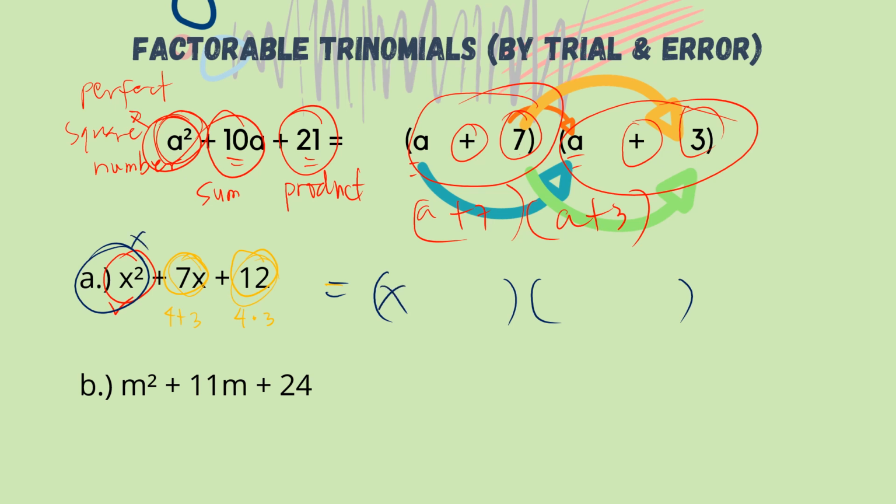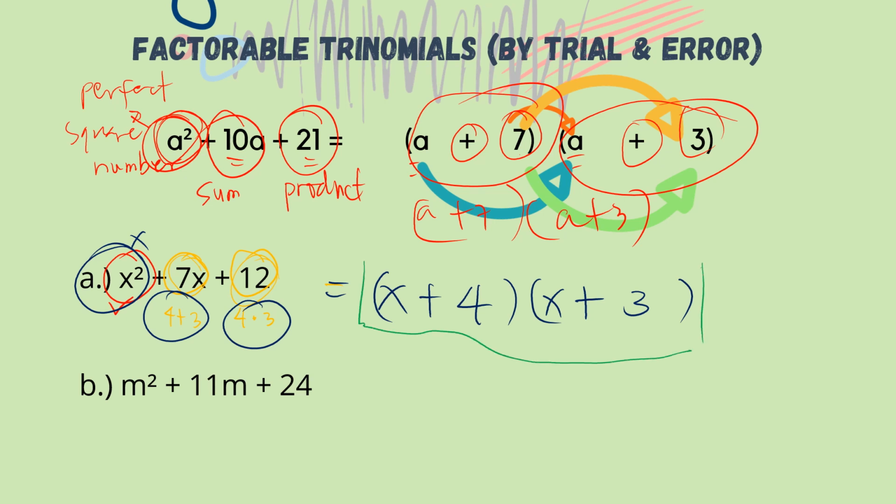So ito ngayon yung una nating factor. And then since the numbers are both positive, gagamit tayo ng parehong plus. And what are the numbers? 4 and 3. Okay, so that's it. That's the final answer, or the factor of x squared plus 7x plus 12.